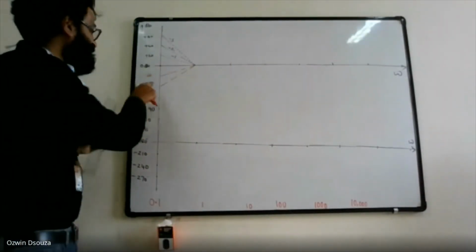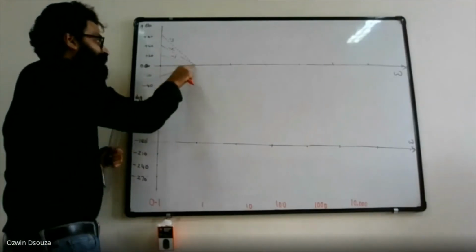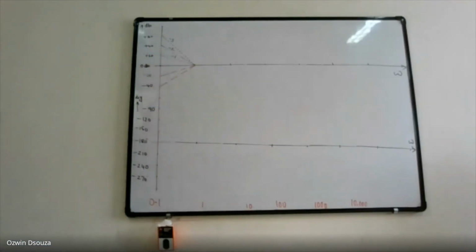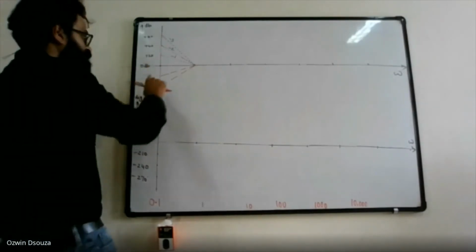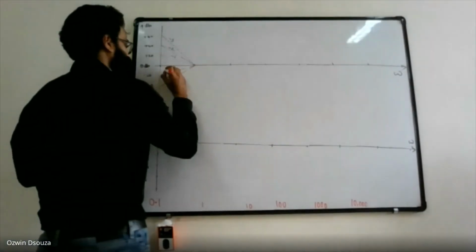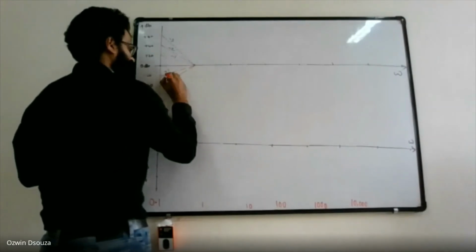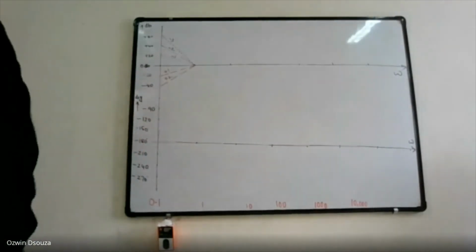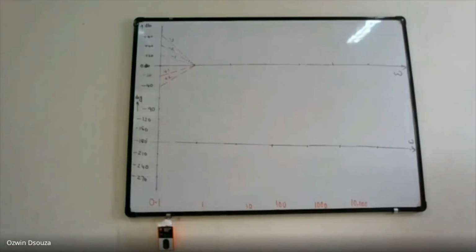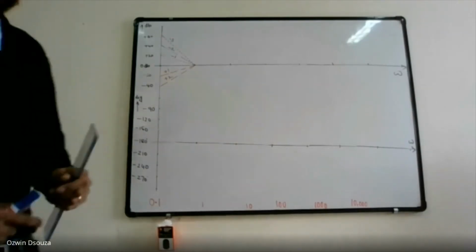Initially it is minus 20, and then finally it becomes 0. That is called the increasing trend. So for zeros, you can take these as the reference slope. This I'll take plus 1 and this I'll take plus 2. This is how we draw the reference slope lines, which will help you in drawing the magnitude plot. All right, I hope we are good till now.